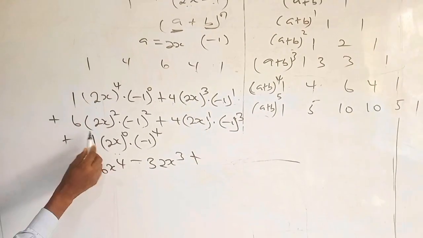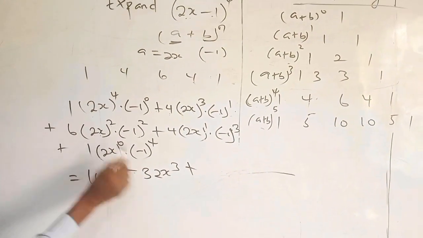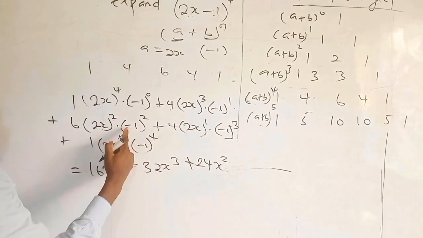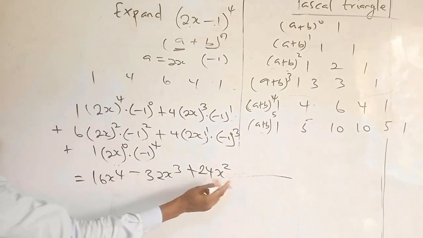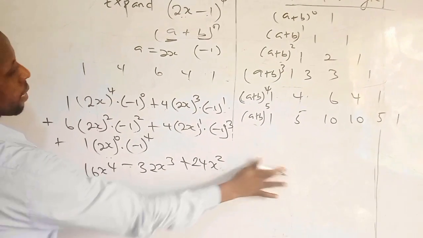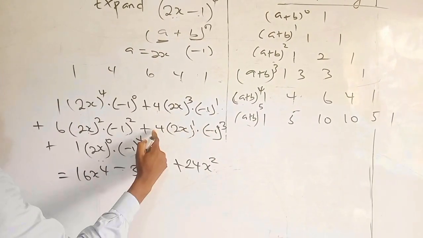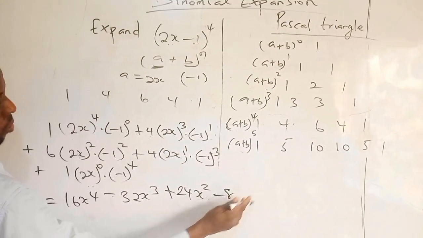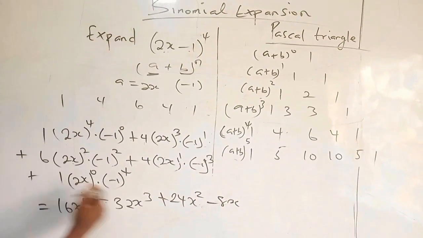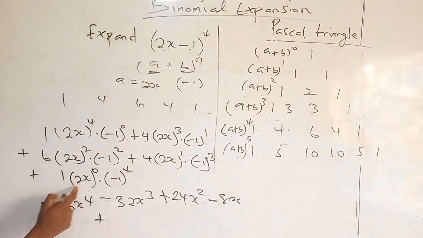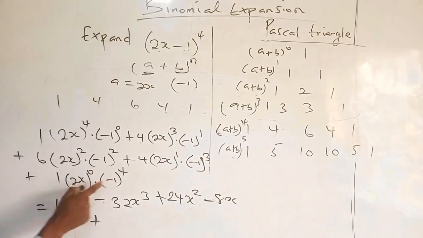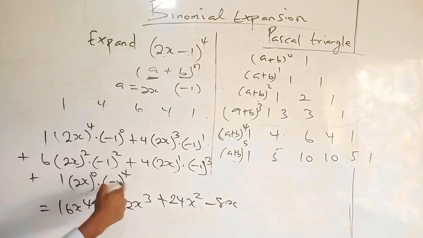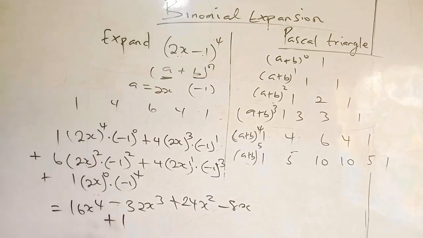Plus we have 2 to power 2 is 4, 4 times 6 is 24x squared, times minus 1 squared, which is still positive. Plus, this will be minus: 2 to power 1 times 4 is 8x, with minus 1 cubed being minus. Plus 2x to power 0 is gone, and minus 1 to power 4 is plus 1.